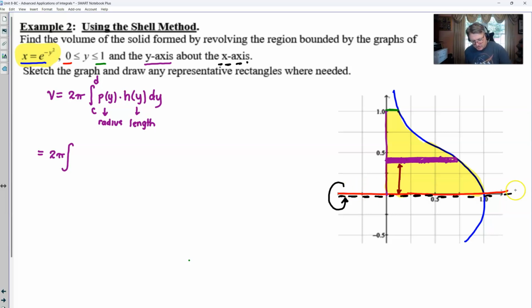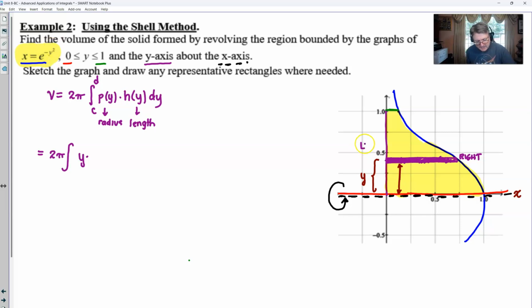Well, because you're using the x-axis as sort of a measuring point, this distance is very easily going to be called y, right? Because it's just an arbitrary distance away from the x-axis. And so we have a pretty easy setup here for the p of y, which is nice. And then for the h of y, you just simply take the right side of that representative rectangle. That would be the expression e to the negative y squared.